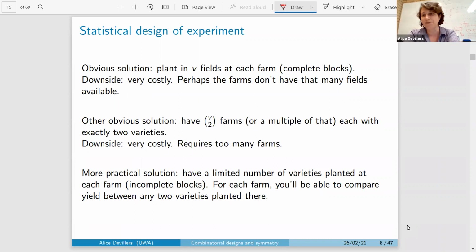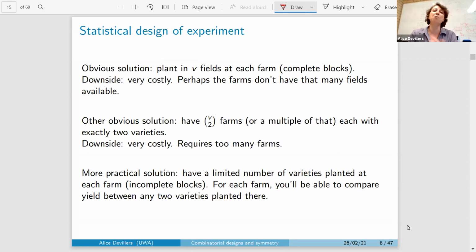Another solution: you could have V choose 2 farms, which is how many pairs of elements there are in V. Take 2 elements from a set of size V, so take all the pairs, or a multiple of that, and plant 2 varieties in each farm. That's also very costly because that would require many farms.